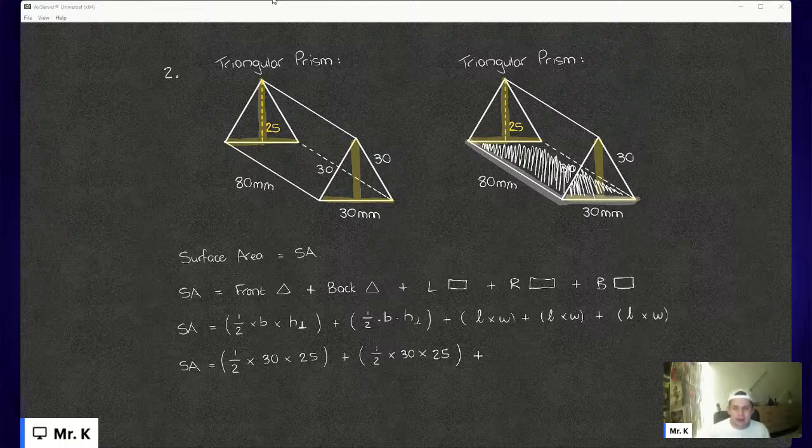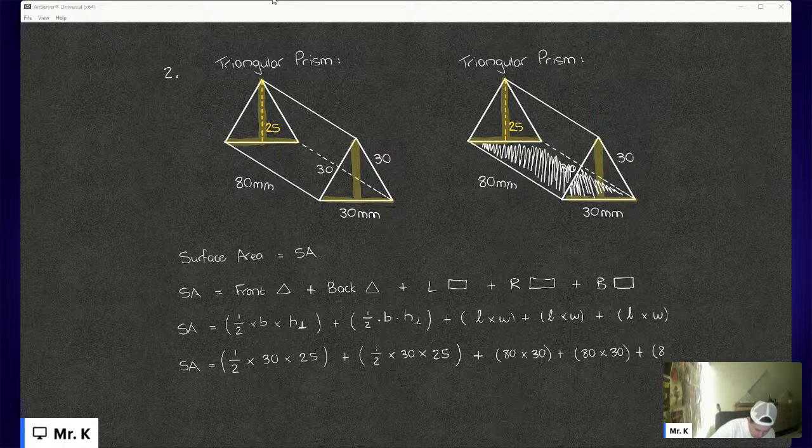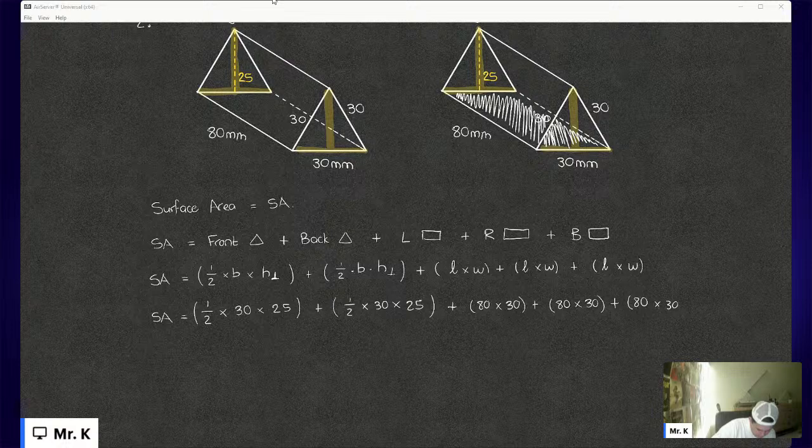So all three of my rectangles have the same dimensions. When I complete this calculation, I'm going to have 80 times 30 repeated 3 times over, because there are 3 rectangles that are all equal in size.